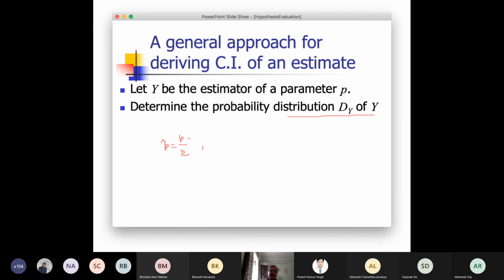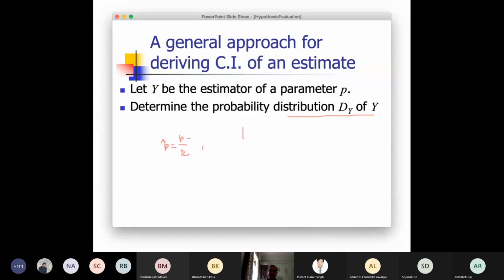So if it is a binomial distribution, then we know, as already mentioned, that the expectation of r should be n into p, and the variance of r would be n into p into 1 minus p. Is it clear?